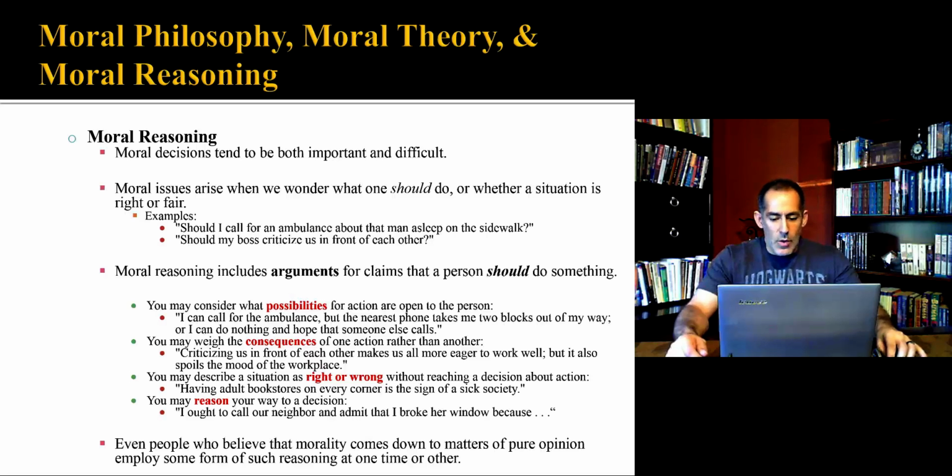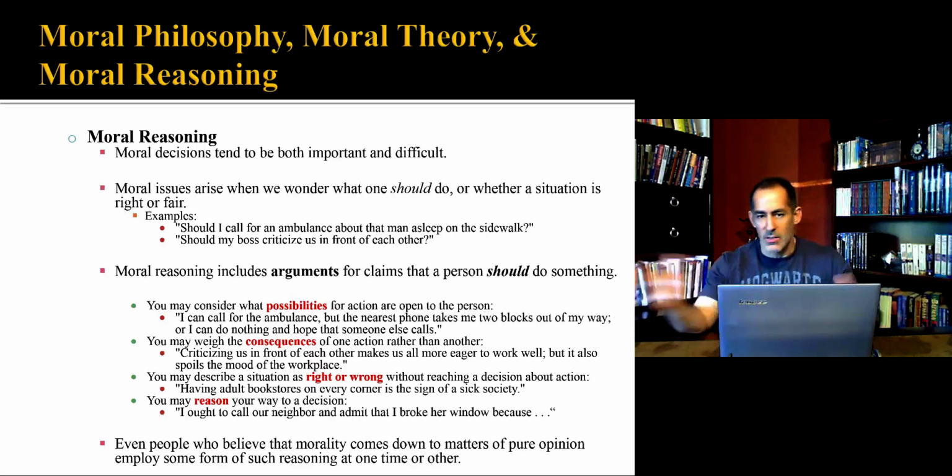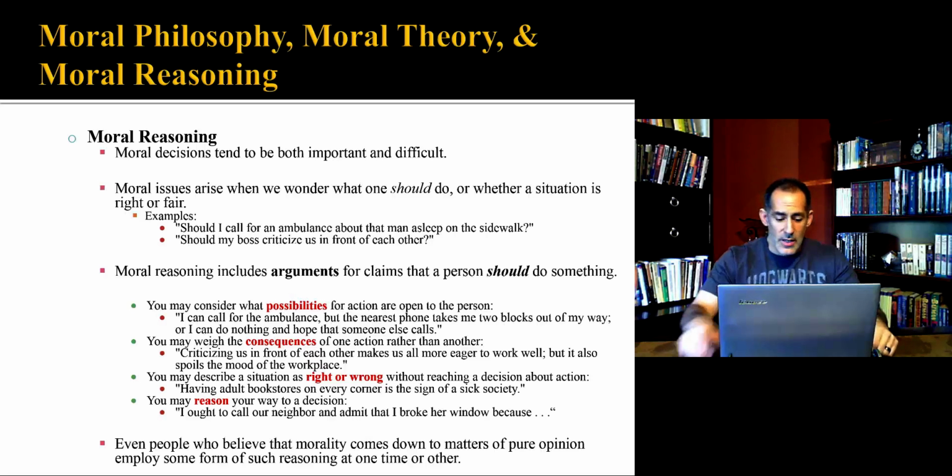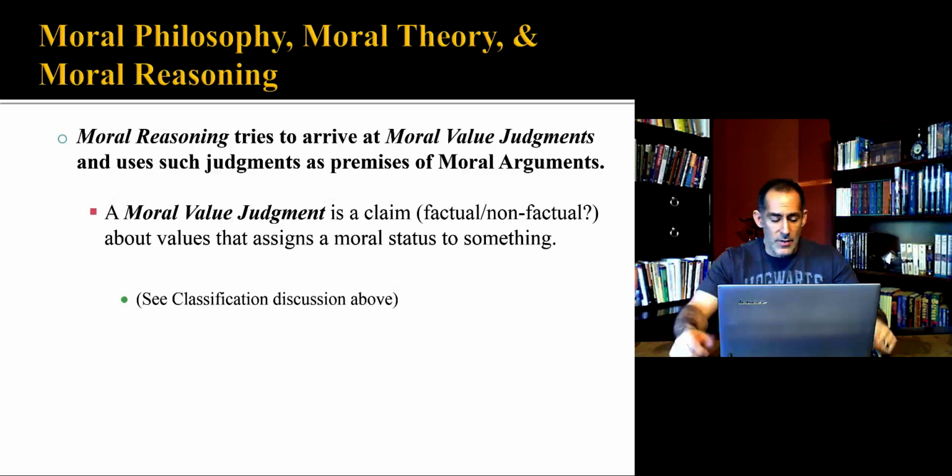Moral issues arise when we wonder what we should do or whether a situation is right or fair. So, for instance, you could say, should I call for an ambulance about that man who's asleep on the sidewalk? Should my boss criticize us in front of each other and stuff like that? So we've got these types of questions. And it's going to include arguments for why you should do certain things.